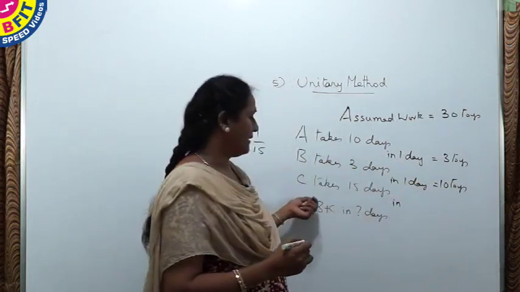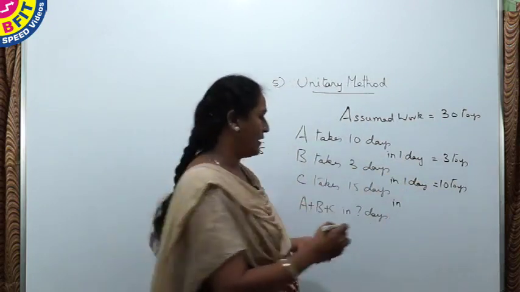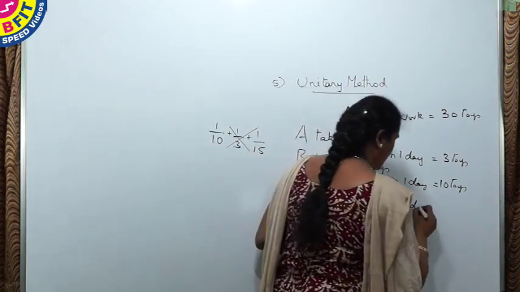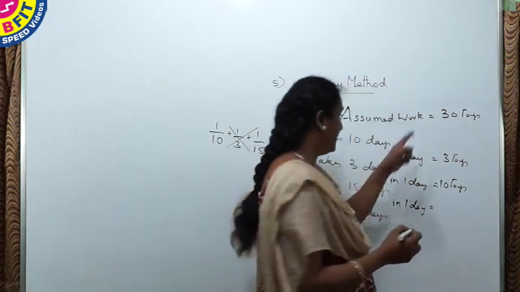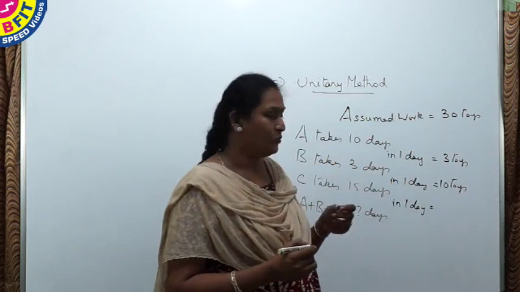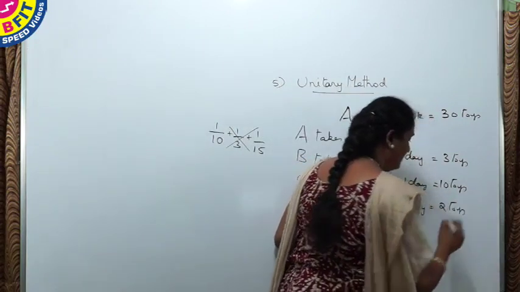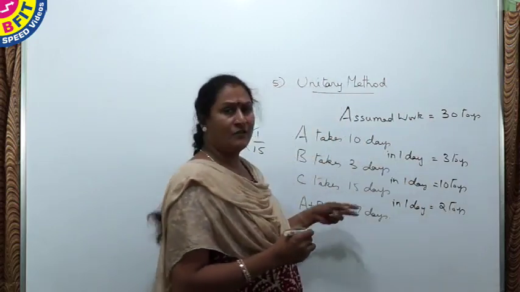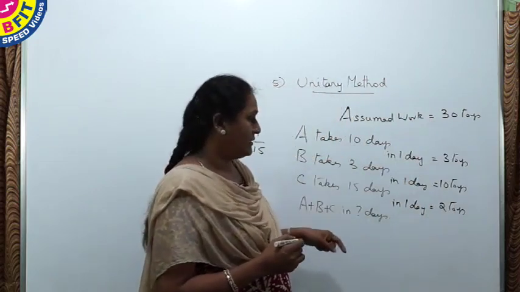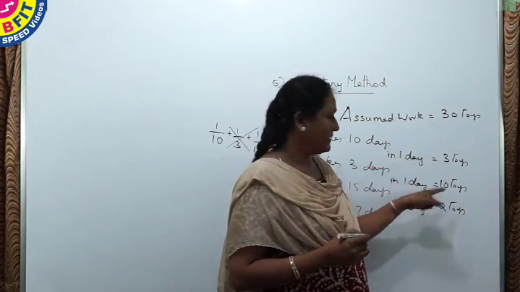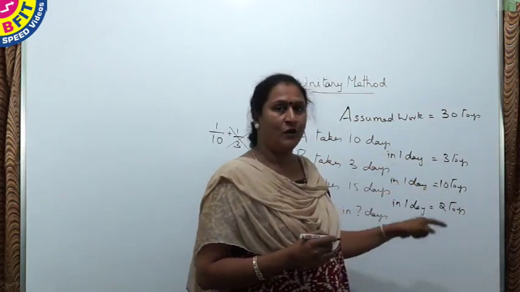And if C can do the work in 15 days, in one day, 30 divided by 15 equal to 2. So C can make 2 toys per day. So when all the 3 work together, they can make 3 plus 10 plus 2, 15 toys per day.